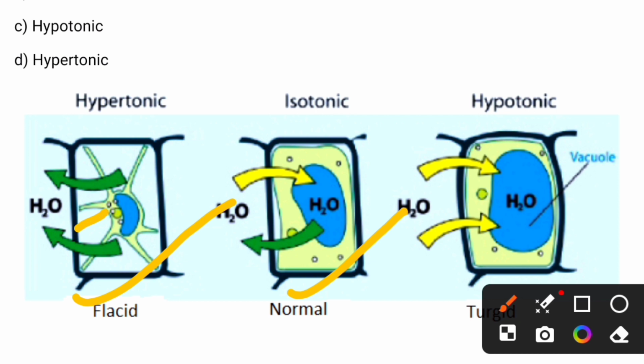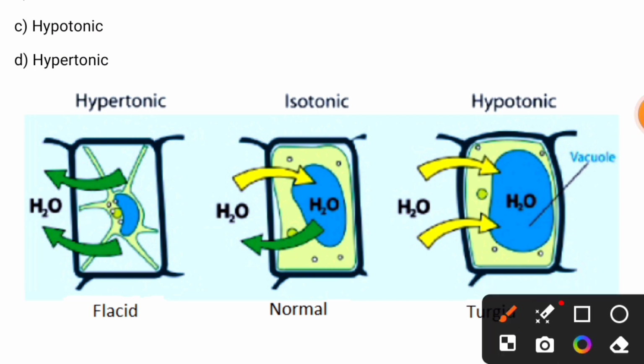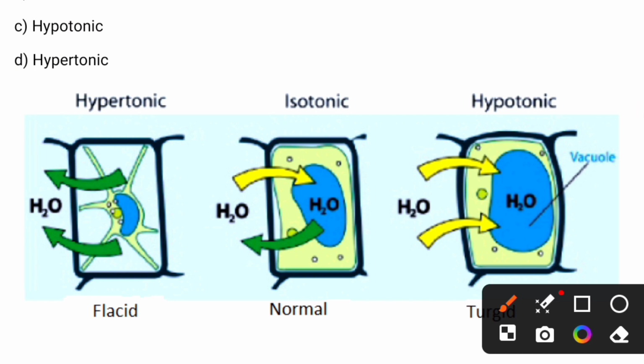So the water moves out from the cell to the outside solution. Then the cell gets plasmolysed. See the image, you can see the plasmolysis. What is plasmolysis? I will explain later what is plasmolysis.